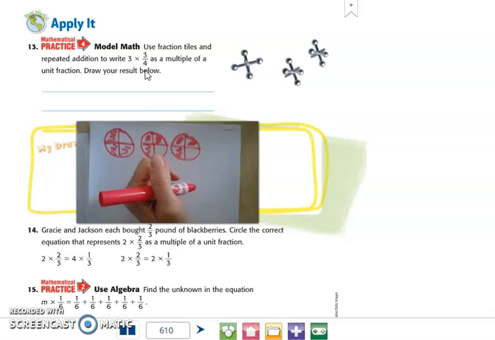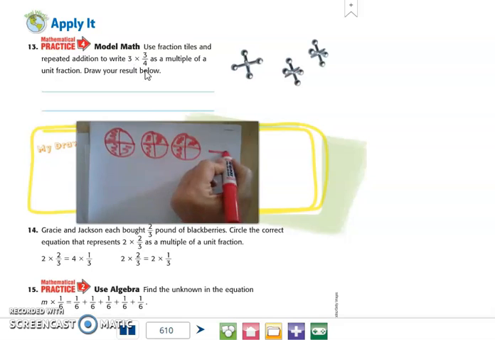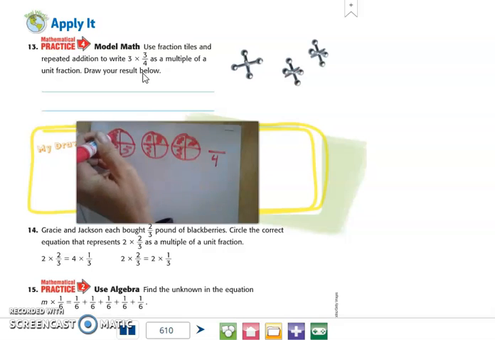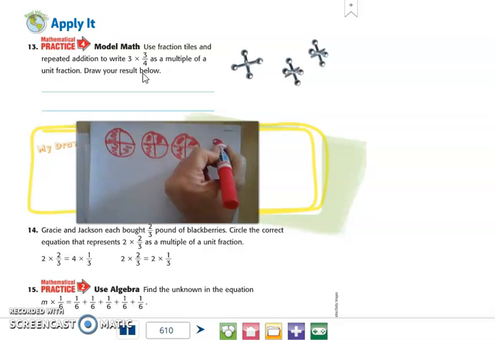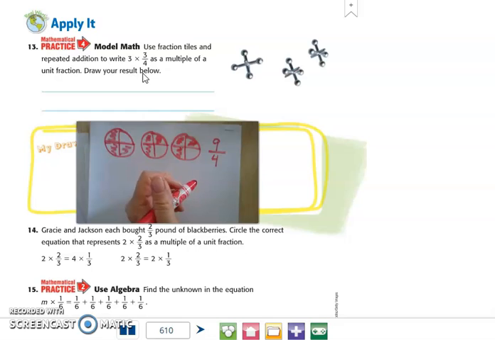If I wanted to write an improper fraction of this, they're all divided into 4ths. So my 4 is going to be my denominator. 1, 2, 3, 4, 5, 6, 7, 8, 9. 9/4.